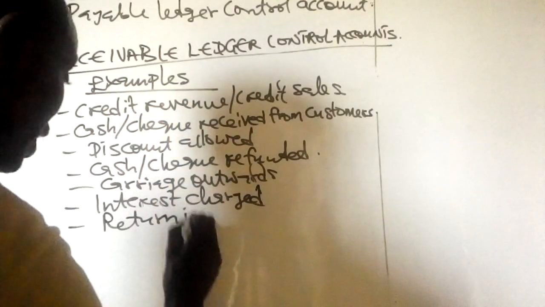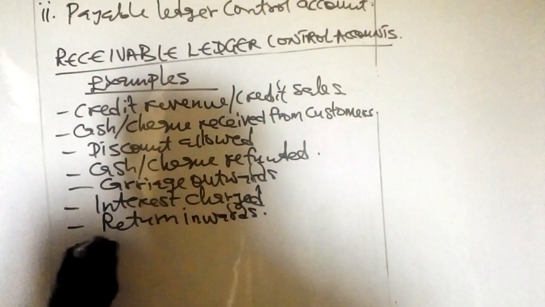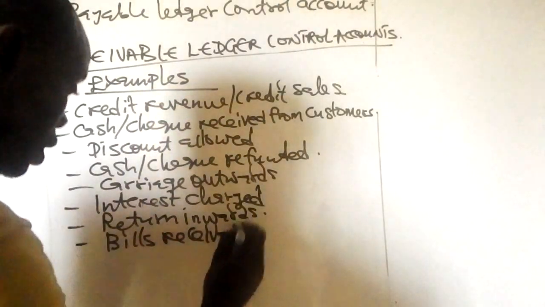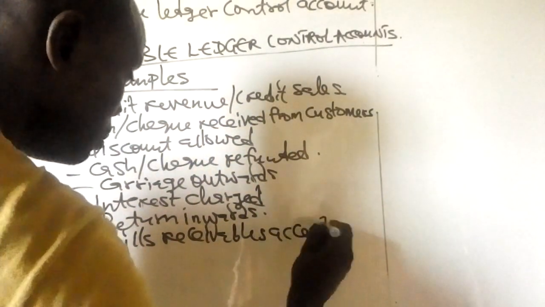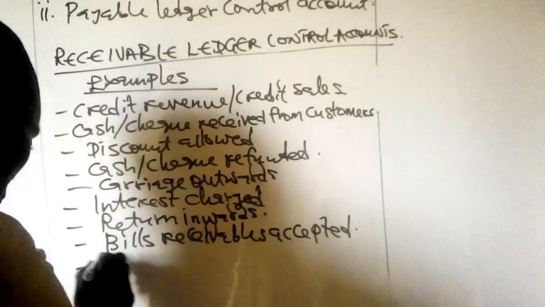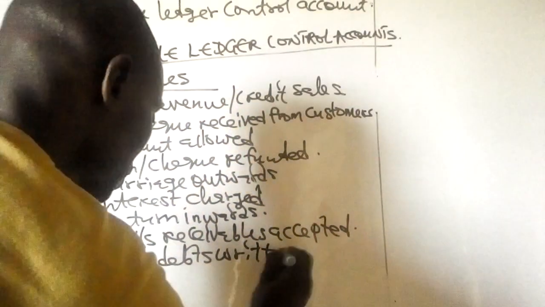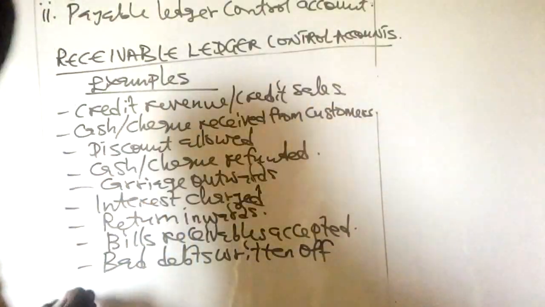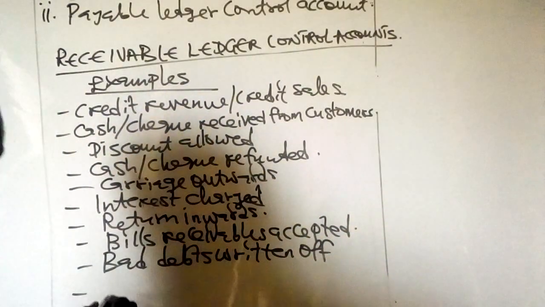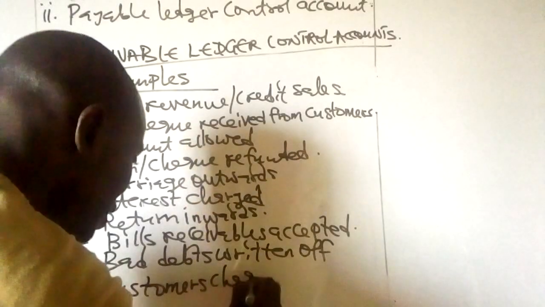Then we also have bills receivable accepted. Then we also have the bad debts written off. Then we also have the customer's check dishonored.